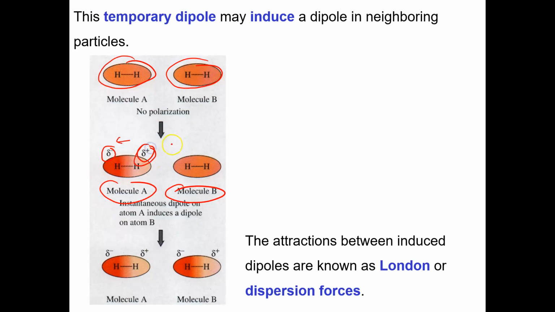The positive end of this molecule is going to pull electrons towards it, and that's going to induce a dipole in our neighboring molecule. So now we have two adjacent hydrogen molecules with their oppositely charged ends facing one another, and as a result, they're going to attract.